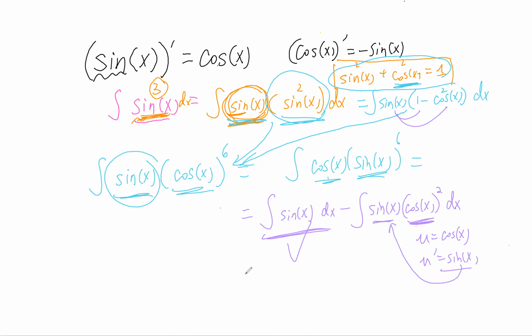Now we're done. So the integration of sine is going to be negative cosine x, minus. This is perfect for the power, so we have cosine x, 2 plus 1, 3, over the 3. Let me just rewrite that: cosine x to the power of 3 over 3 plus c.